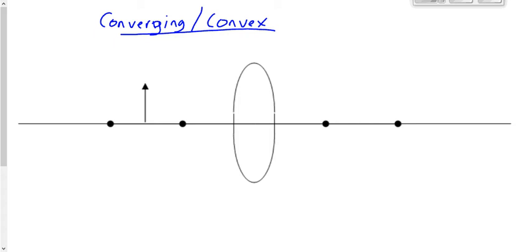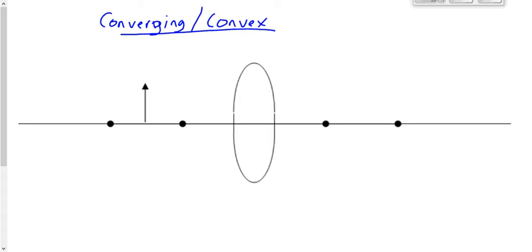Yep? So do all convex lenses flip the image upside down? No. Well, all of them do in certain circumstances, right? The question, if you didn't hear it, guys, was do all convex lenses flip things upside down? It depends upon where you put the object. If the object is far away from the convex lens or from the converging lens, then yes, the image will be flipped over no matter what.